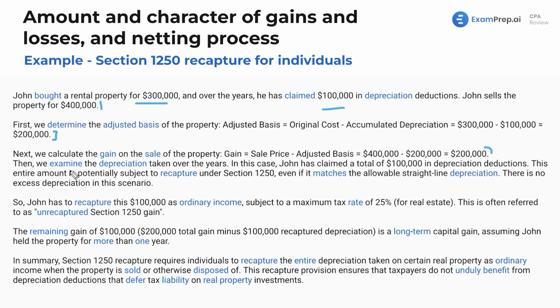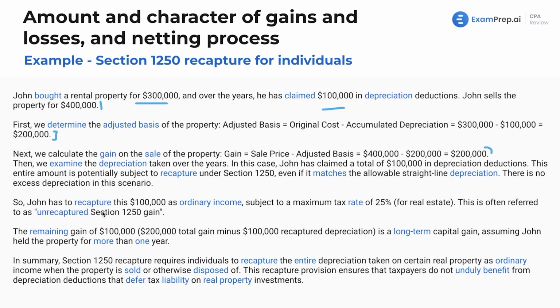Awesome. Then we examine the depreciation taken over the years. In this case, John has claimed a total of 100 in depreciation deductions. This entire amount is potentially subject to recapture under 1250, even if it matches the allowable straight line depreciation. There's no excess depreciation in this scenario, as we've seen in other scenarios there has been.